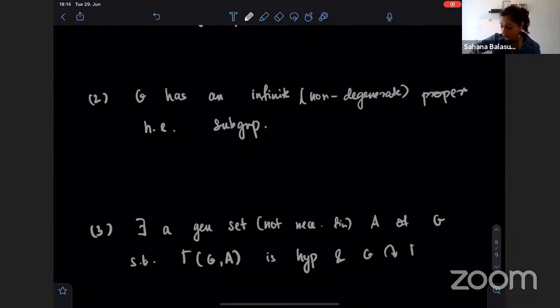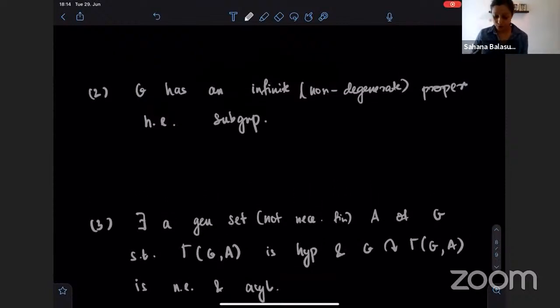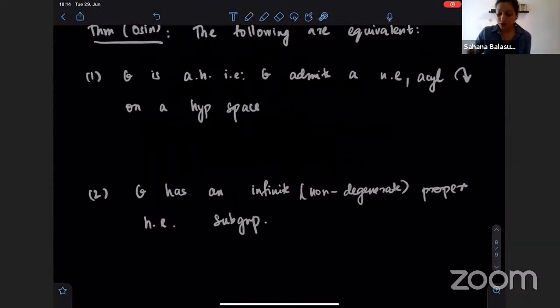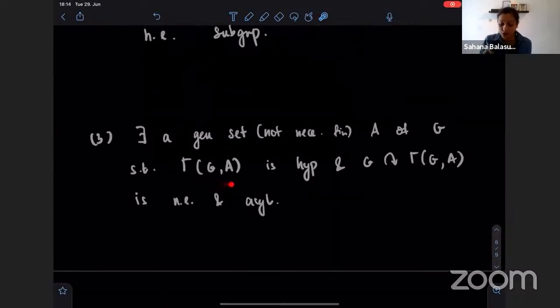And the G action on this Cayley graph is non-elementary and acylindrical. So you see the power of this theorem. You've gone from requesting that you have an action which is non-elementary and acylindrical on some hyperbolic space to actually having such an action on a Cayley graph, which is additionally co-bounded. So that's stronger than a general action.